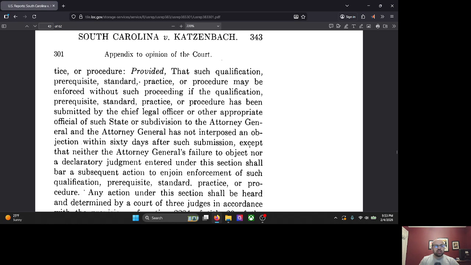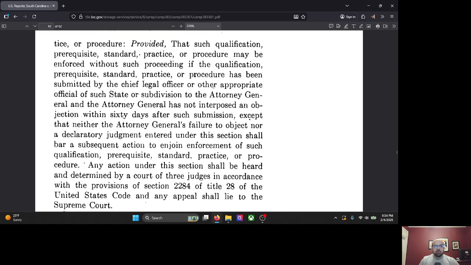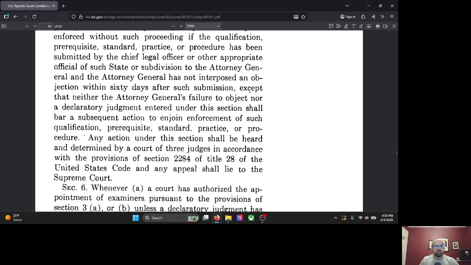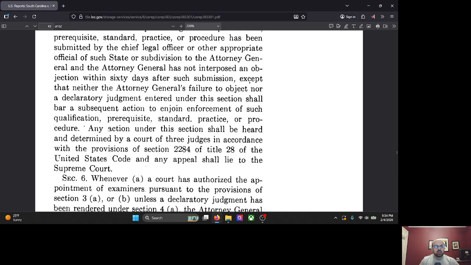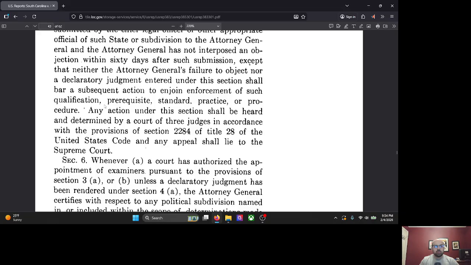Provided that such qualification, prerequisite, standard, practice, or procedure may be enforced without such proceeding if it has been submitted by the chief legal officer or other appropriate official of such state or subdivision to the Attorney General, and the Attorney General has not interposed an objection within 60 days after such submission, except that neither the Attorney General's failure to object nor a declaratory judgment entered under this section shall bar a subsequent action to enjoin enforcement of such qualification, prerequisite, standard, practice, or procedure.